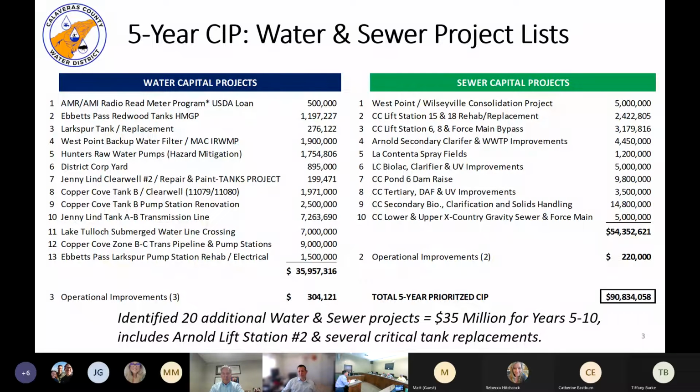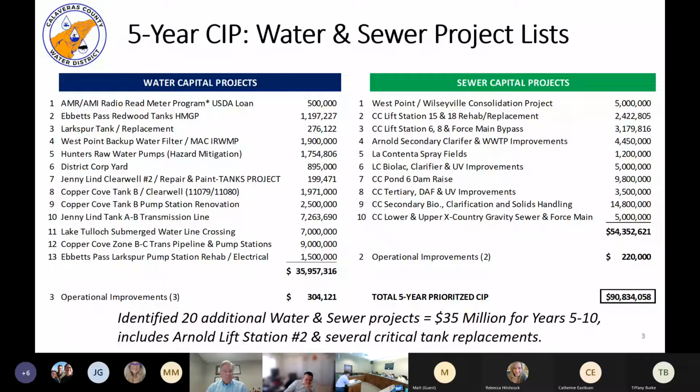Very similar message on the sewer projects. Of those 10, 3 are currently advertised for bids, 3 are in design, and a 7th is in planning. Can you tell me which number is out for bid, so I can circle them? Yes, for water, the ones under construction are 1, 2, and 3.